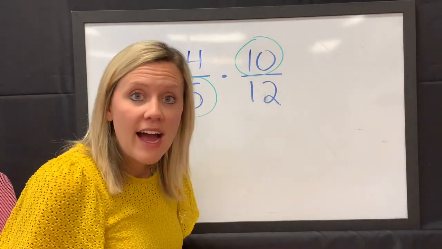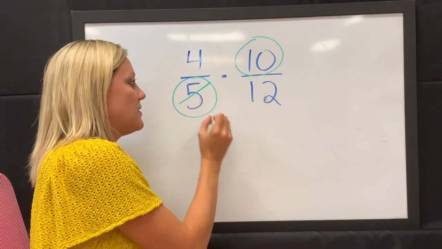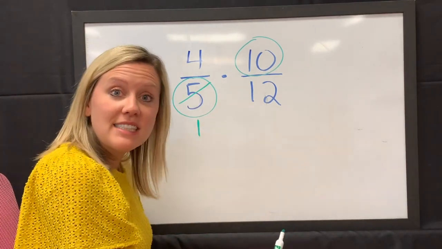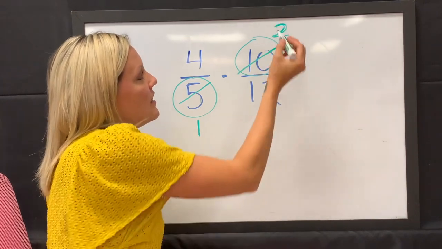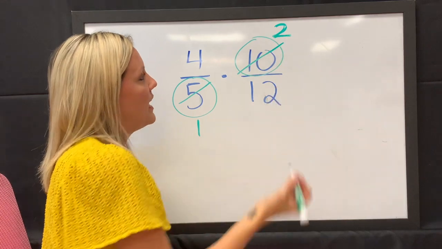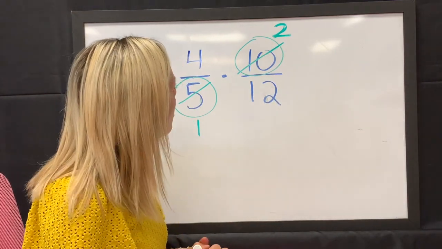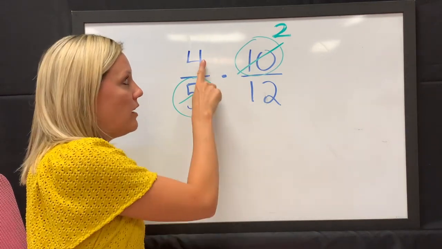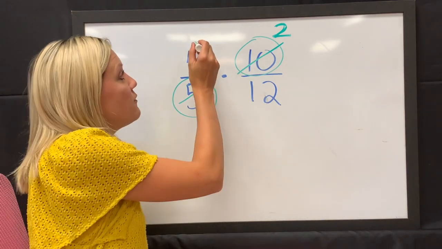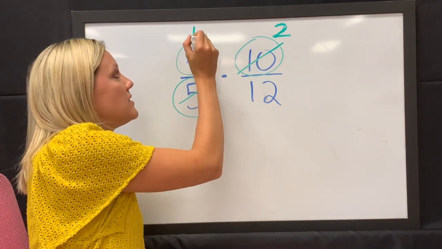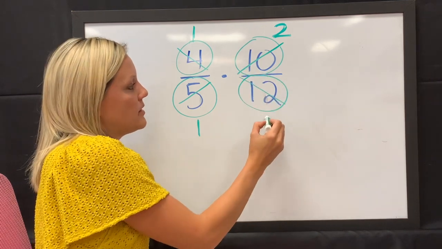And I know 5 can go into both of those. 5 goes into 5 once, and 5 goes into 10 twice. Let's look before we multiply to see if there's any other numbers we can compare. I see a 4 and a 12, and I know that 4 goes into both of those. 4 goes into 4 once, 4 goes into 12 3 times.